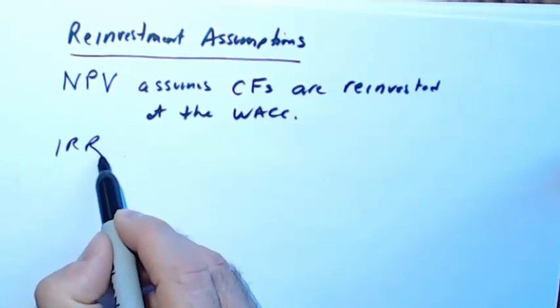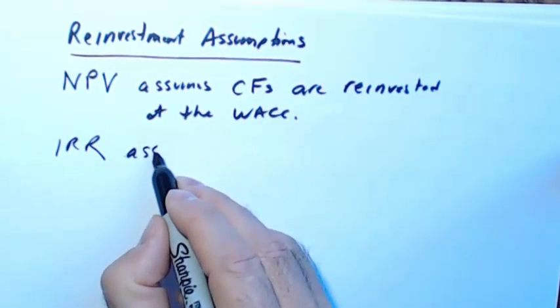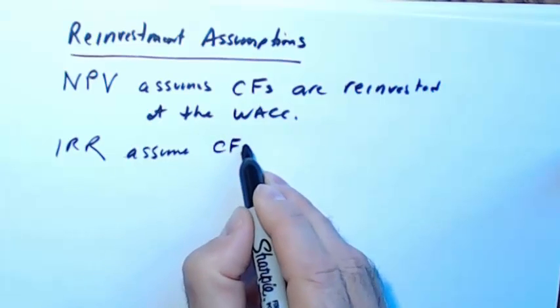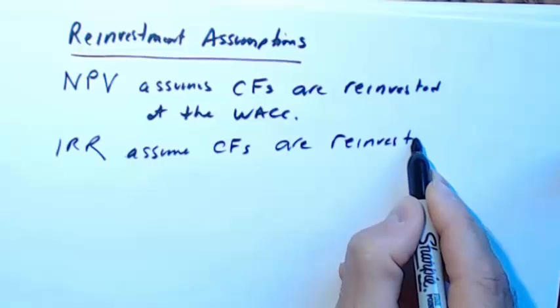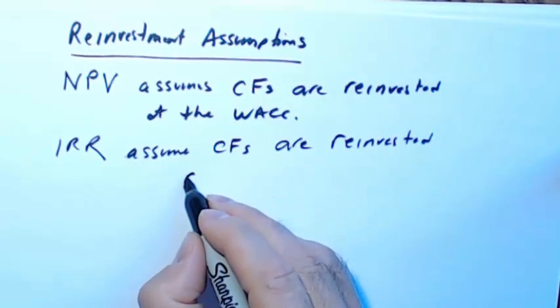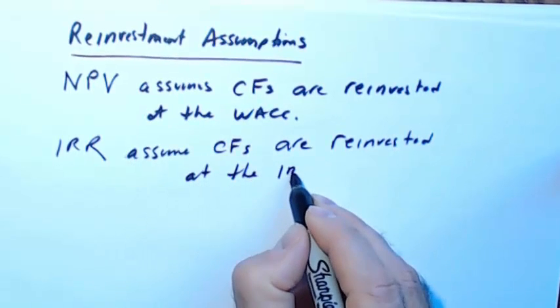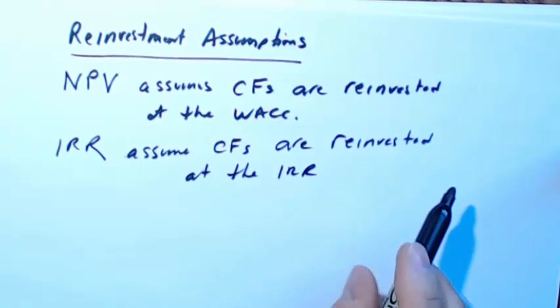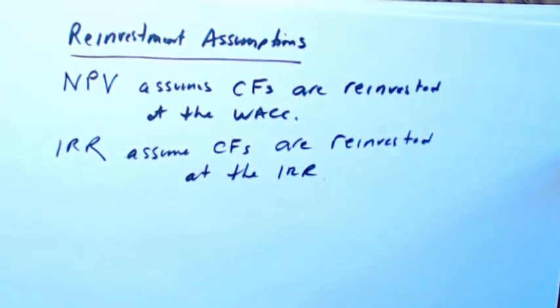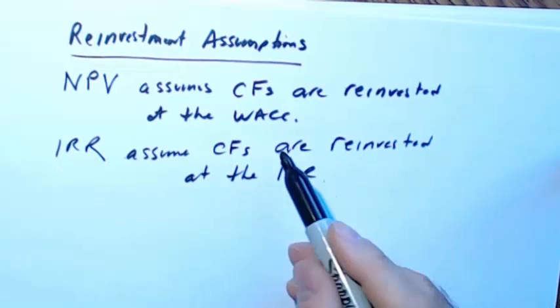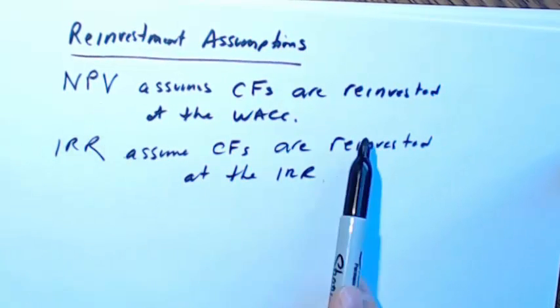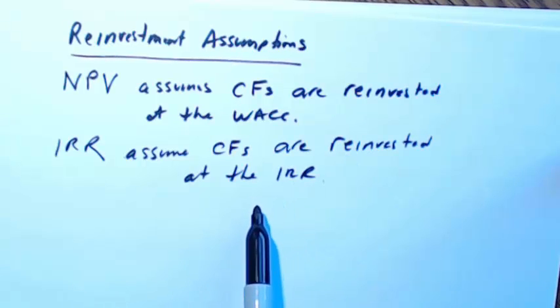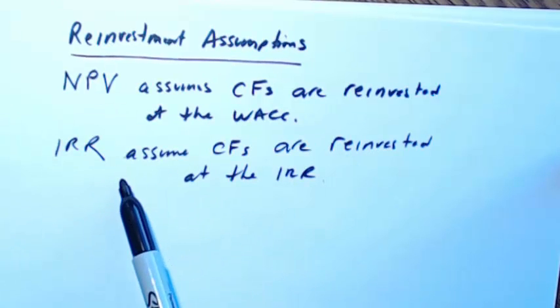Internal rate of return, on the other hand, assumes cash flows are reinvested at the IRR, the internal rate of return. And it sounds like I'm talking in circles, but I'm not. So what I'm saying here is these differences in the assumptions can cause problems between the two calculations.